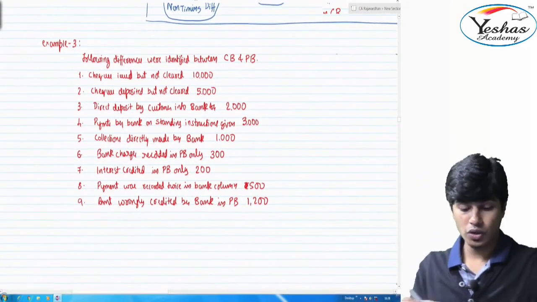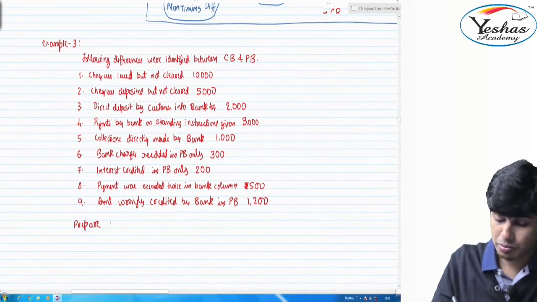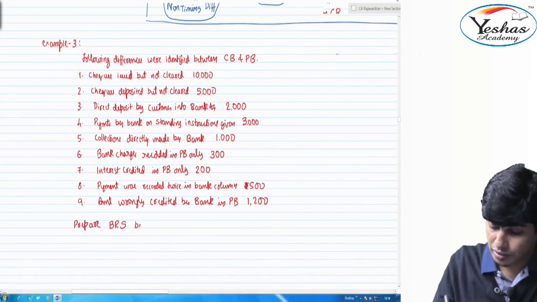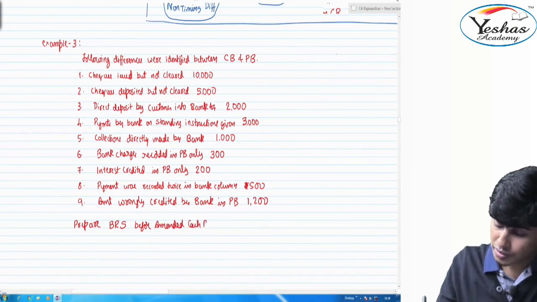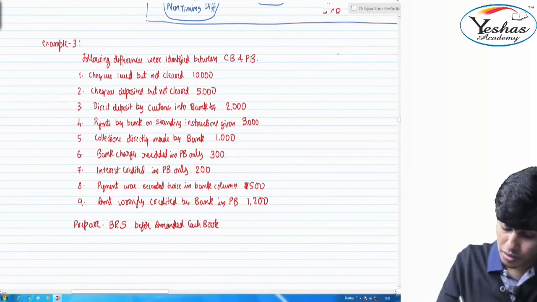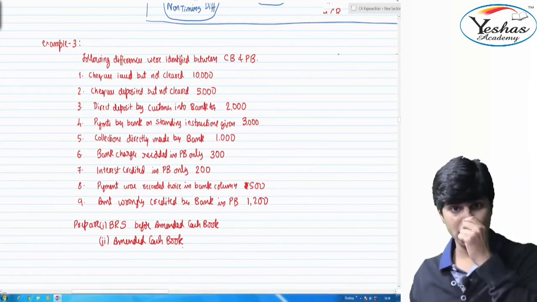So what should you do? Prepare bank reconciliation statement before amended cash book. So this is number 1. Number 2, prepare amended cash book, or adjusted cash book as we call it.